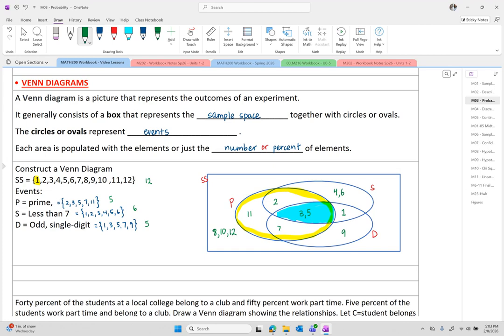It is not less than 7, and also it is not a single digit odd number. The numbers 3 and 5 have all 3 properties. They are primes, they are less than 7, and they are odd single digit numbers. The number 9 is only an odd single digit number, but it is not a prime or less than 7, etc.